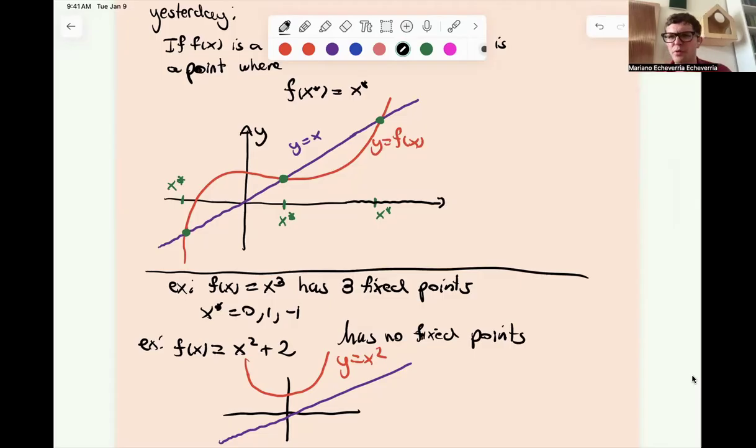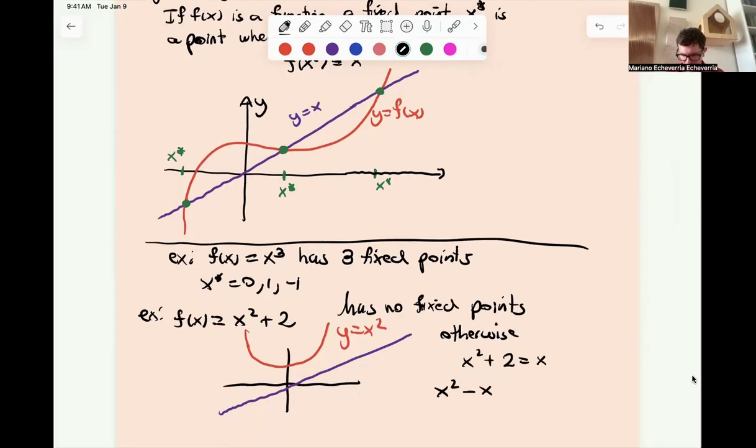You should be able to corroborate this, because you would try to solve x squared plus 2 equals x, which is a quadratic equation. If you remember complex numbers, that one has complex solutions. It has no real solutions.